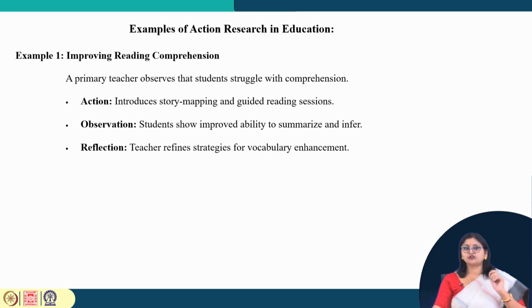Suppose a primary teacher observes that the students struggle with comprehension. So, the action is to introduce story mapping and guided reading sessions. Observation: students show improved ability to summarize and infer. And at the reflection level, the teacher refines strategies for vocabulary enhancement.